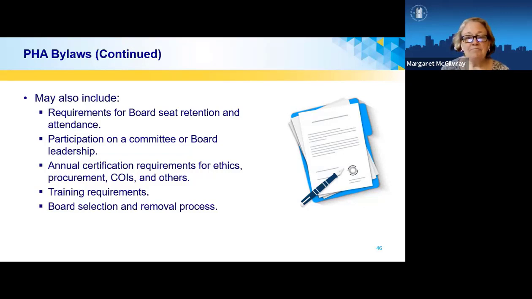Some others indicate that they've adopted parliamentary procedures based on Robert's Rules of Order, or a modified version, to establish protocols for the conduct of business, voting, and some of the details around that. You may also want to speak to committees and their participation, perhaps training requirements, annual certification against ethics requirements, and certainly a section on ethics. Next slide.